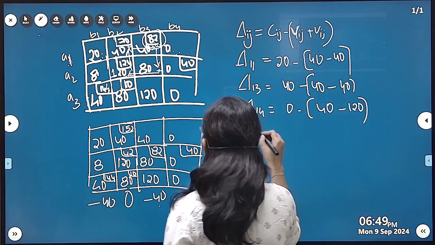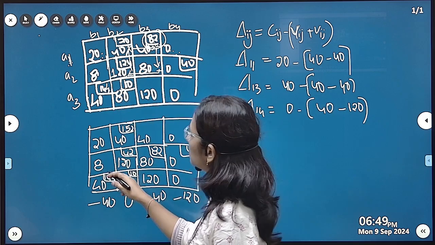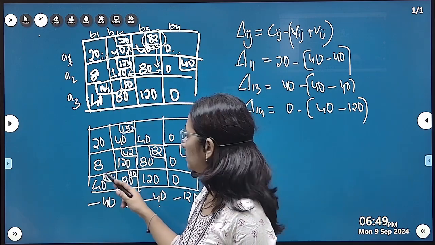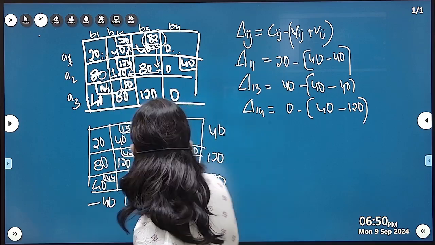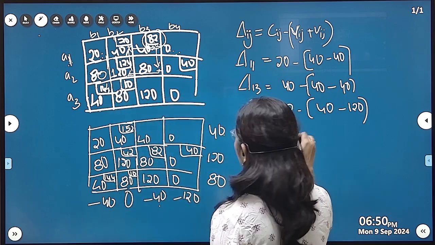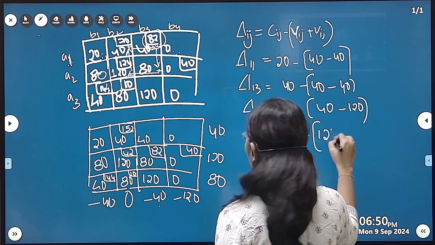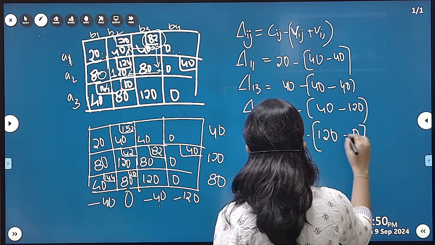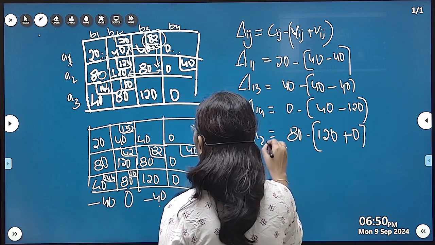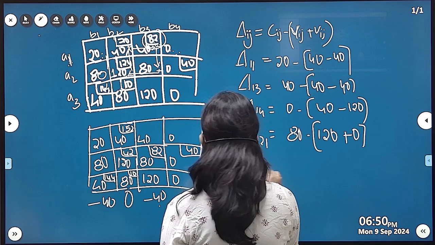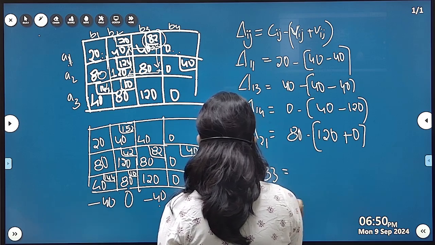So next, is this value 8 or 80? 80, I think 80, right? Okay. So next 80 minus 120 minus 0, sorry, plus 0. So next delta 21, next delta 33 and delta 34 we need to do.